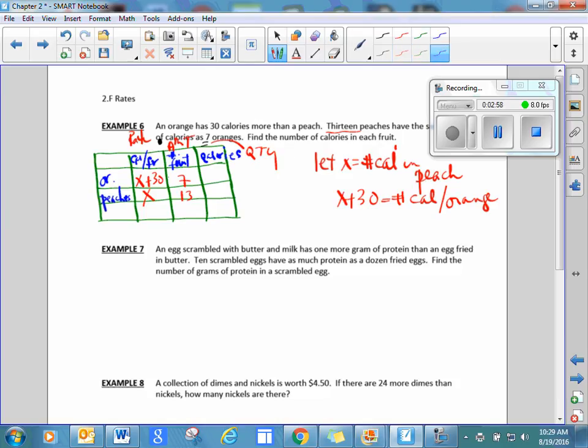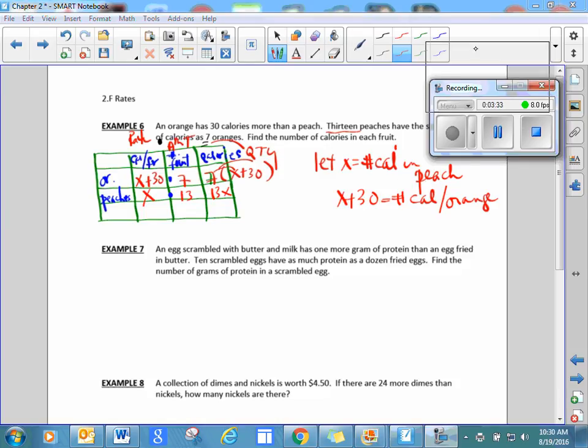We're going to multiply, and we're going to end up with our quantity over here. This is the calories in this many pieces of fruit. So that's 7 times, green's not good, let me switch, 7 times X plus 30. Don't forget your grouping symbol. We're going to be doing some distribution here. And this is 13X. So that gives us a chart that's nice and filled in.